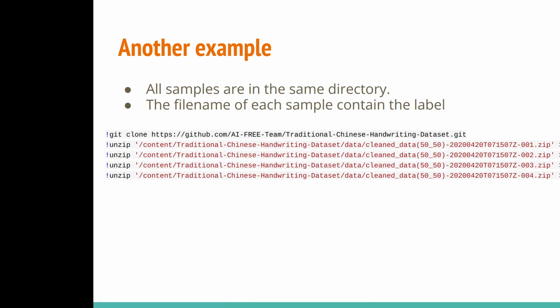Okay, so the next example is to implement a custom dataset for the Chinese handwritten characters dataset. This is a dataset with more than 100,000 characters, so that we can use it to train a handwritten recognizer for Chinese words.